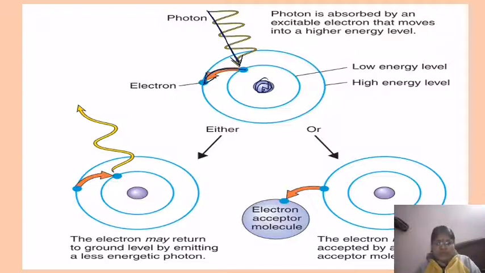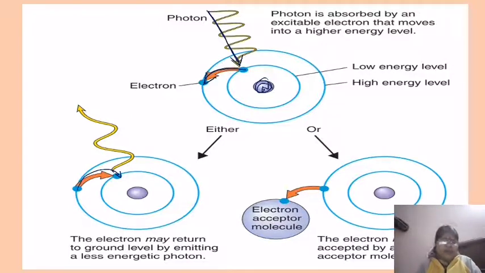In this condition, which generally happens, when the electron moves from its excited state to its ground state, it emits a certain wavelength of light. It will lose that energy, and that energy will be smaller than the absorbed energy, and therefore the wavelength of it will definitely be larger.